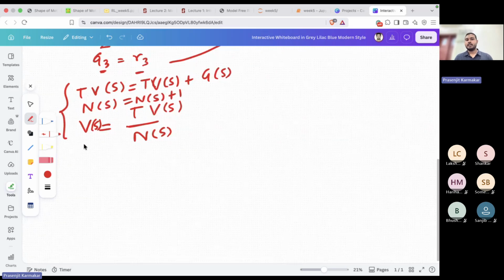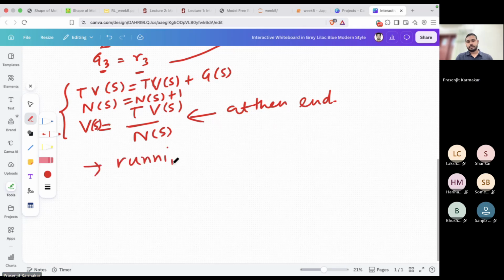What we can do, instead of doing this at the end, we can maintain a running sum, or not a running sum, it's a running average actually.